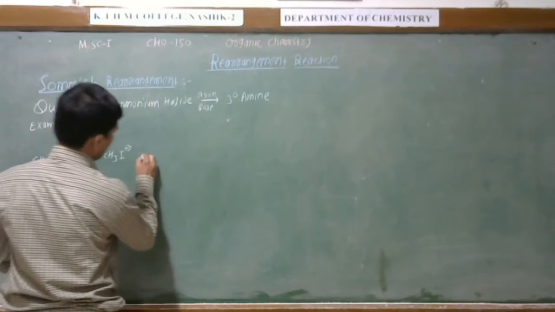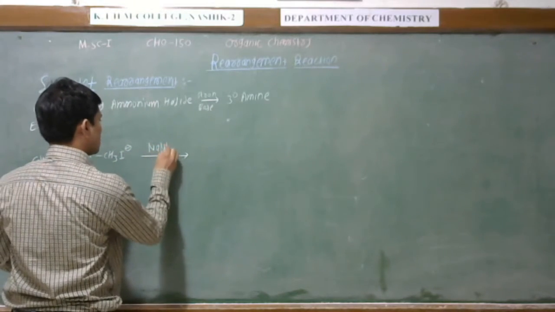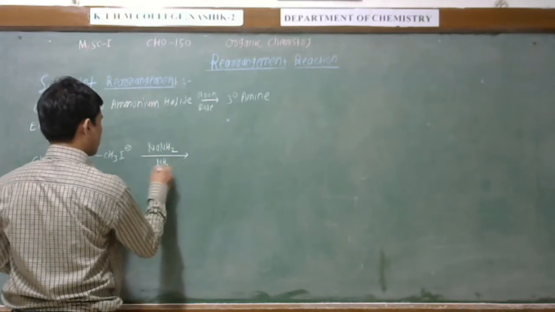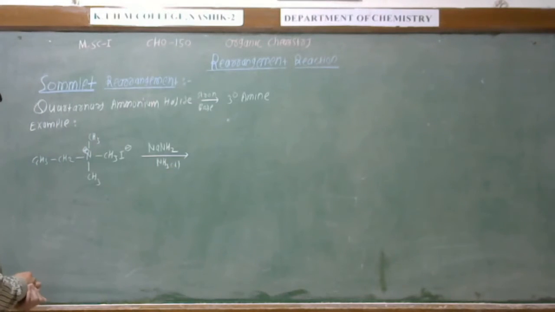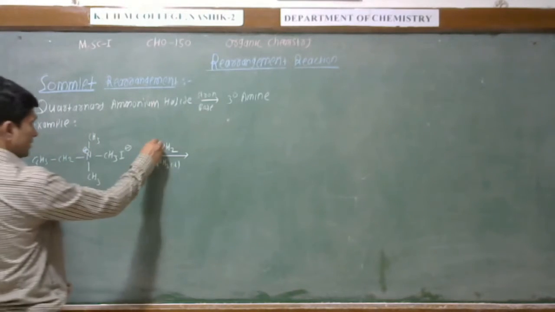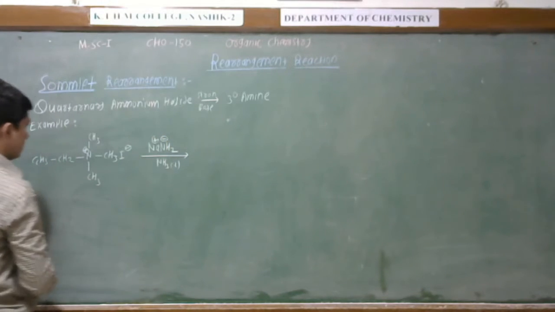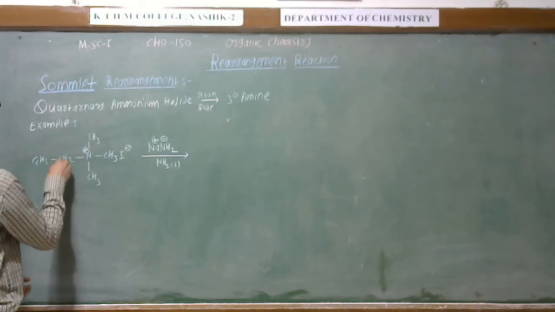When we react such a compound with the strong base sodium amide in liquid ammonia, this sodamide, NH2 with negative charge, takes this hydrogen.